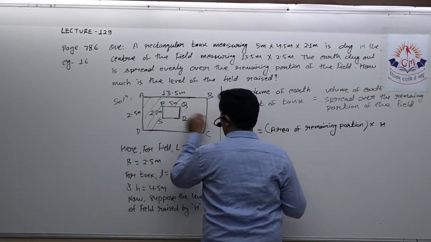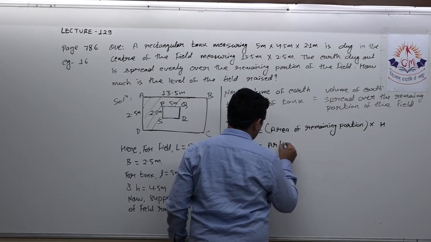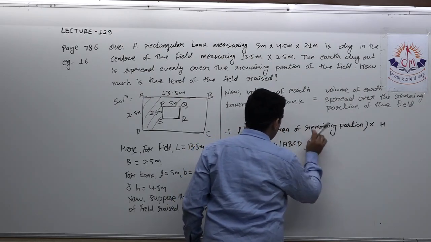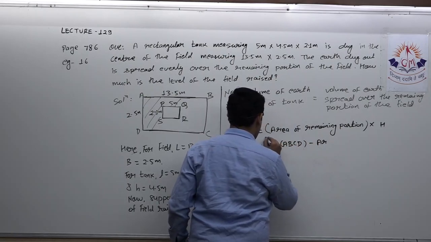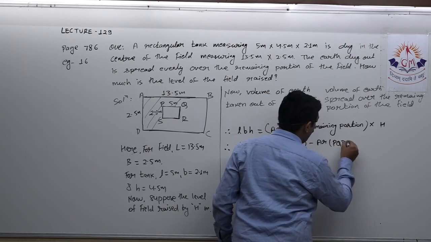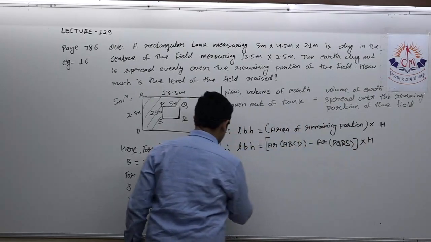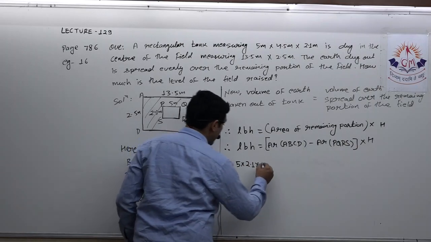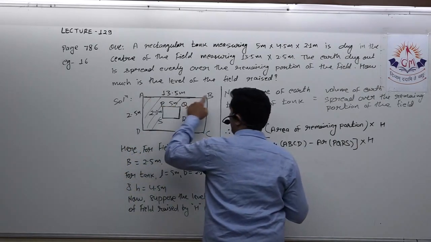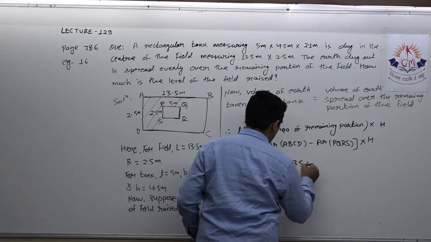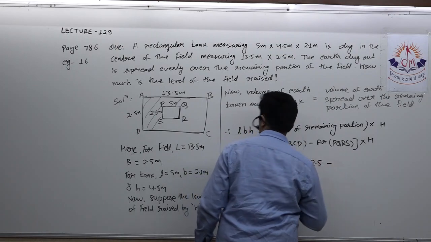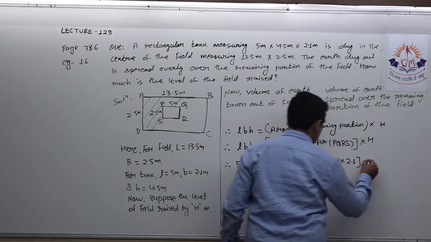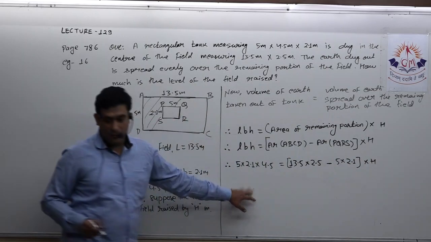I can say area of ABCD minus area of PQRS, multiplied by capital H. Now this small LBH is 5 multiplied by 2.1 multiplied by 4.5 is equal to, now ABCD is AB multiplied by AD, that is 13.5 multiplied by 2.5, minus area PQRS, 5 multiplied by 2.1, multiplied by H, that we have to obtain. So when you calculate this, definitely you will get your answer.